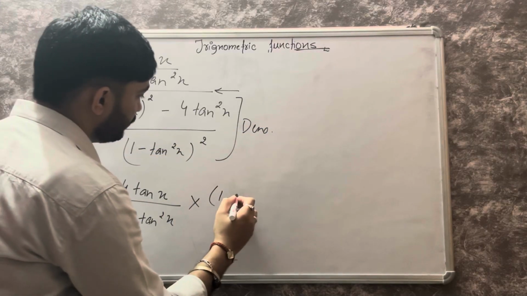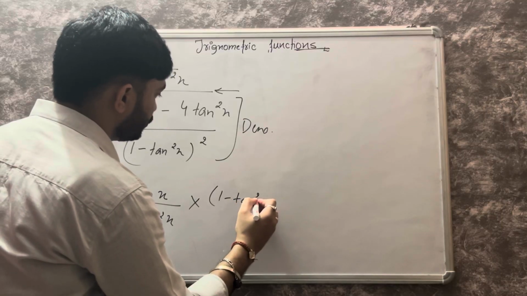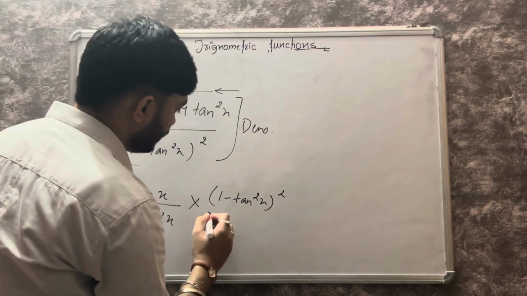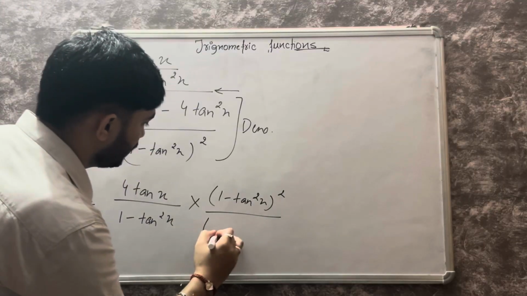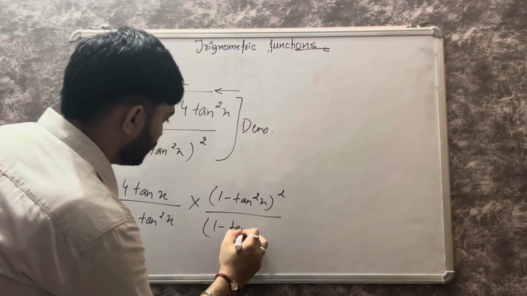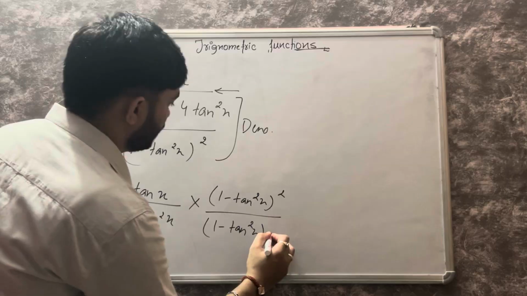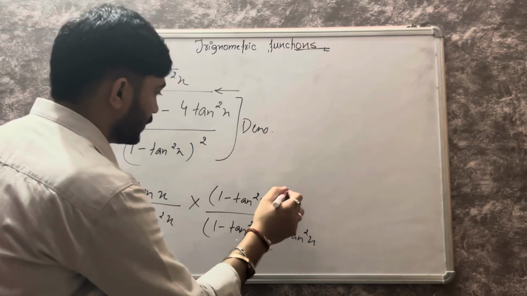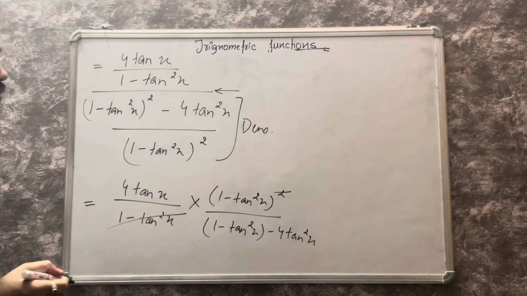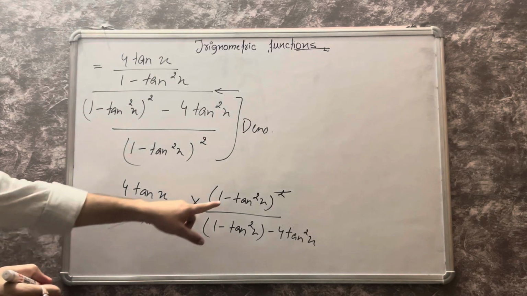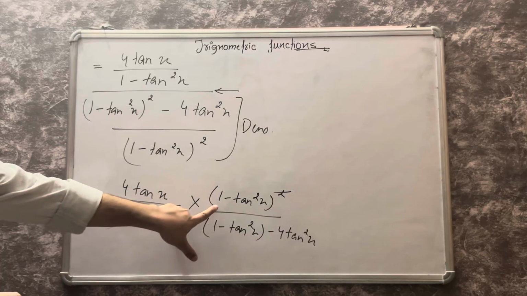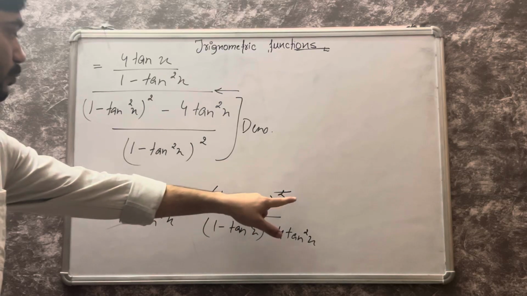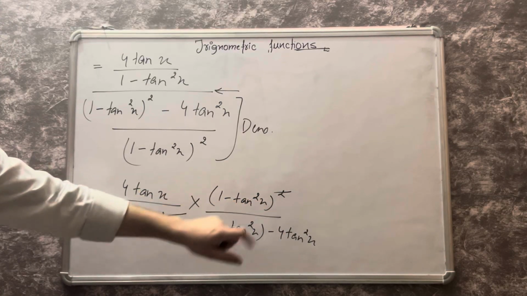So we will get 1 minus tan square x whole square divided by this 1 minus tan square x minus 4 tan square x. This square and this term are going to be cancelled out, or you can apply the formula, that is bases are same, powers are subtracted. 2 minus 1, we will get 1 minus tan square x as well.